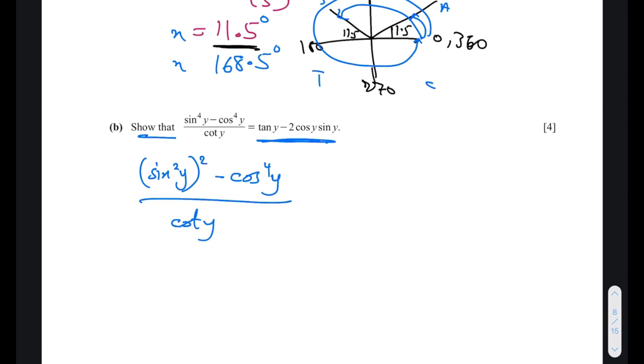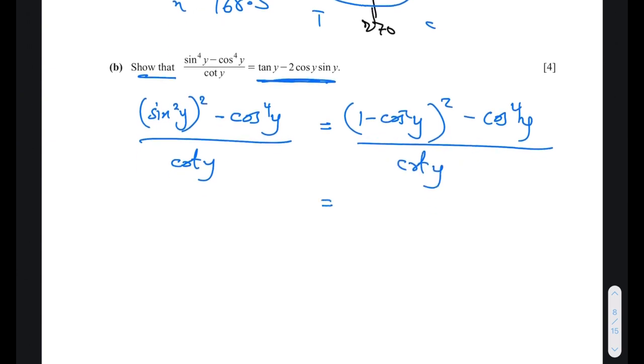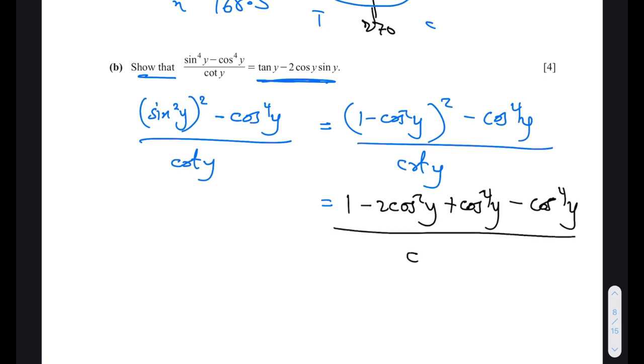So if I have something like that, I can split the sine squared, and that is 1 minus cos square y, right? Minus cos 4y all over this. If I expand this particular one, I'm going to get 1 minus 2 cos square y plus cos 4y. Oh yeah, it's good I didn't expand the other one. So now we can say that this and that is 0.